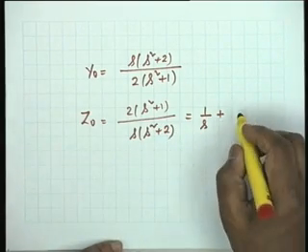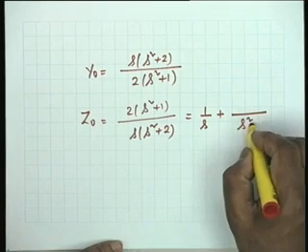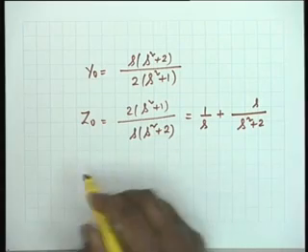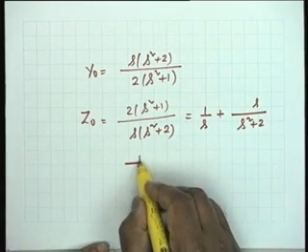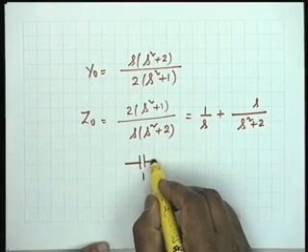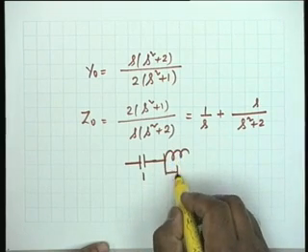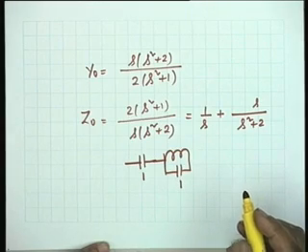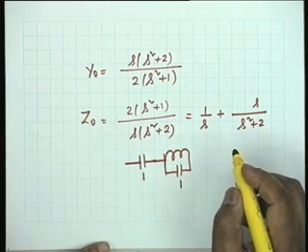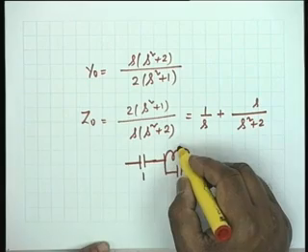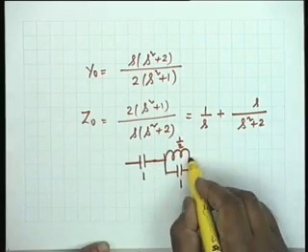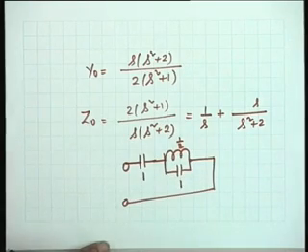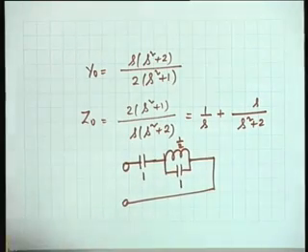No. So, s square plus 2 s, and what is the coefficient? 1. Okay. So, Z0 is obvious: it is a 1 farad capacitor in series with a parallel combination of 1 farad capacitor and half Henry. The product has to be 1 by 2. The problem is solved.